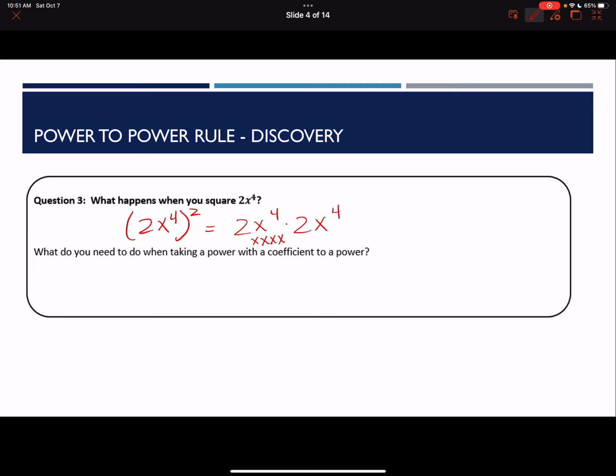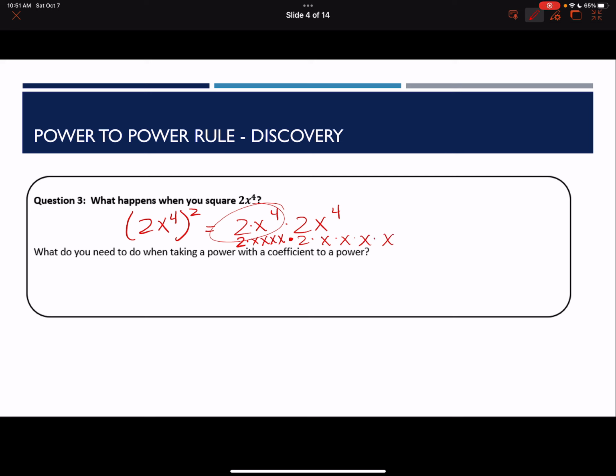This x to the 4th is really x times x times x times x. And this 2 part means that I'm multiplying all that by 2, right? So this 2x to the 4th here really means 2 times x times x times x times x. And I'm multiplying that by 2 times x times x times x times x again.